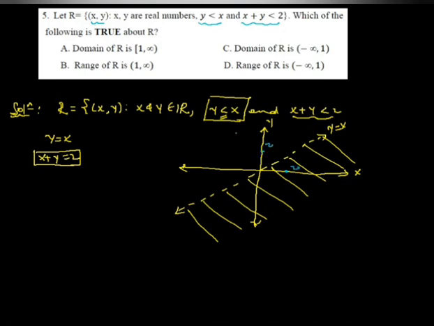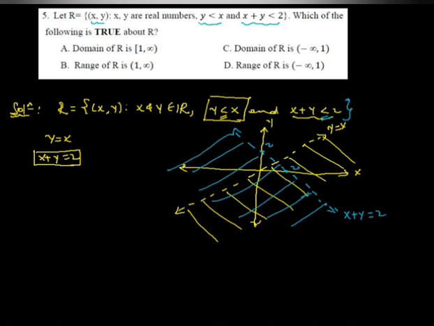So we will construct a broken line for the line x plus y is equals to 2. Since it is less than, therefore we shade downward. So what will both have in common?